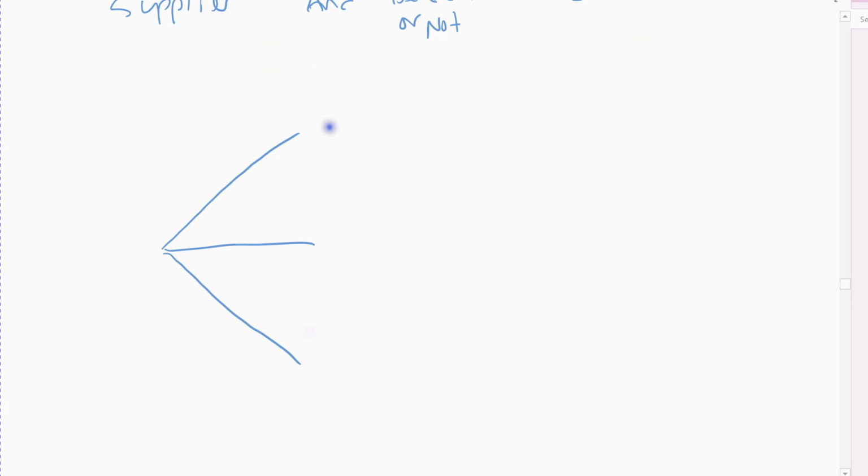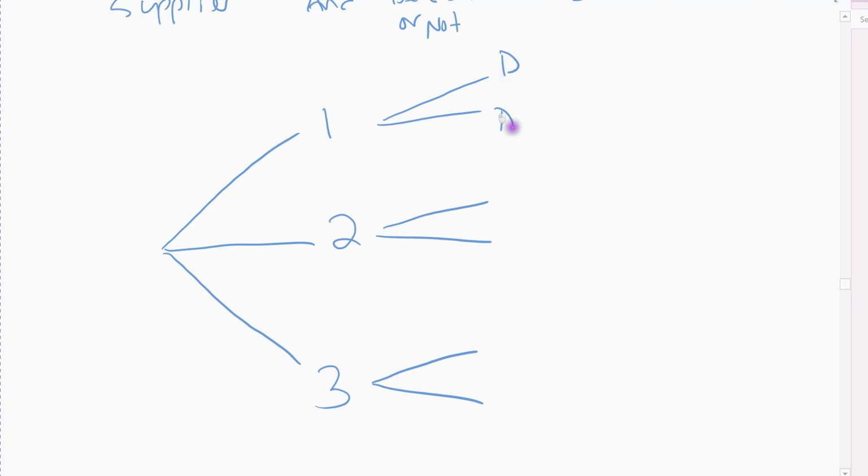I'm just going to use 1 as the first supplier, 2 represents the second guy, and 3 represents the third. And then their tires can either be defective or not defective. And again, depending on which supplier I have, I get different probabilities. So I'm going to let D be defective and D prime be not defective.